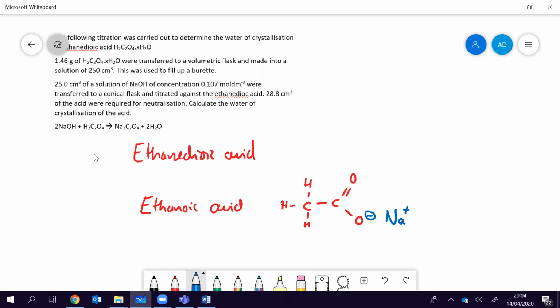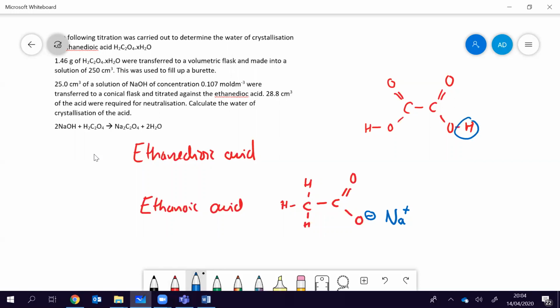This is the salt, sodium ethanoate. Ethanedioic acid is similar to that, except it's got two carboxylic acid groups on it. It's got one at that end and one at this end also. So unlike ethanoic acid, which only loses one proton, this one is going to lose two.